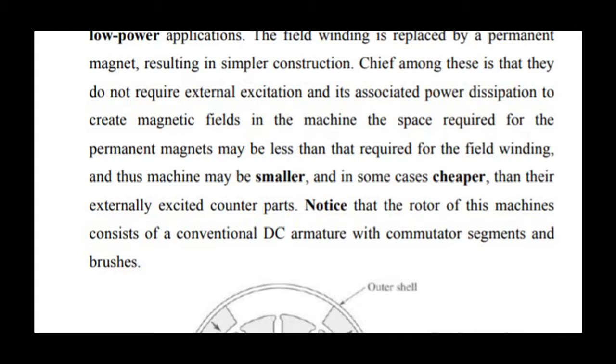The space required for the permanent magnet may be less than that required for the field winding. So if you use the permanent magnetic material, then the space requirement is less because of the absence of field winding.